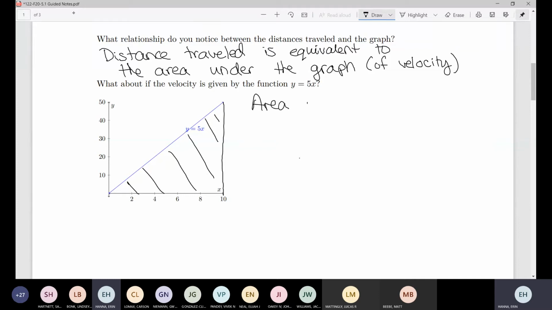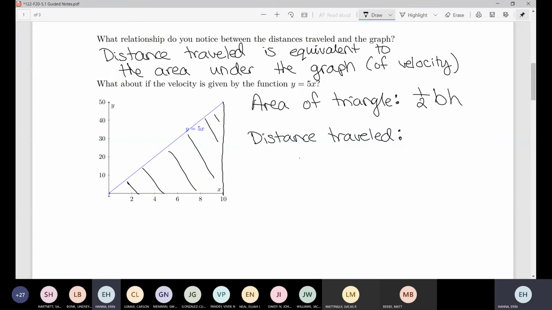So area of a triangle is 1/2 base times height, if you need a reminder. So we could say that the distance traveled is going to be that area.